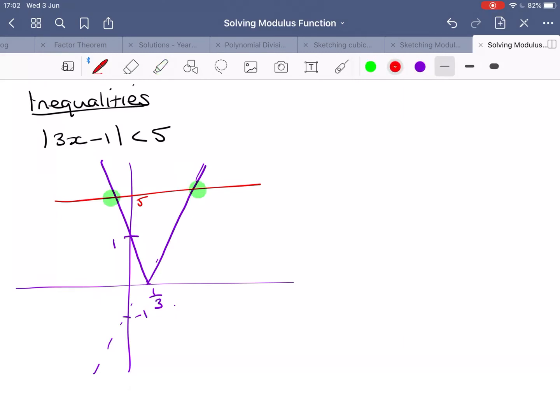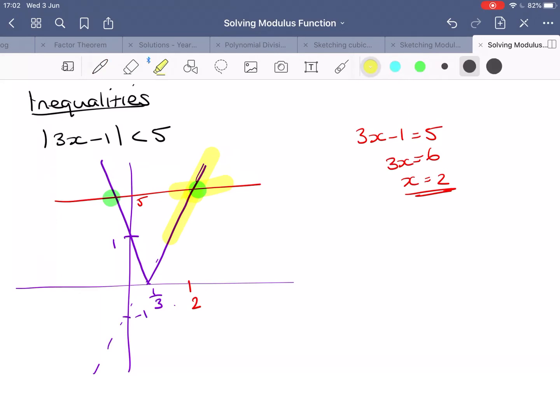So just follow the motions. For the first one, I've got the positive version of the line crossing y equals 5. So I've got 3x minus 1 equals 5. 3x equals 6, so x equals 2. And again, looking at that, it looks like it's in the right place.